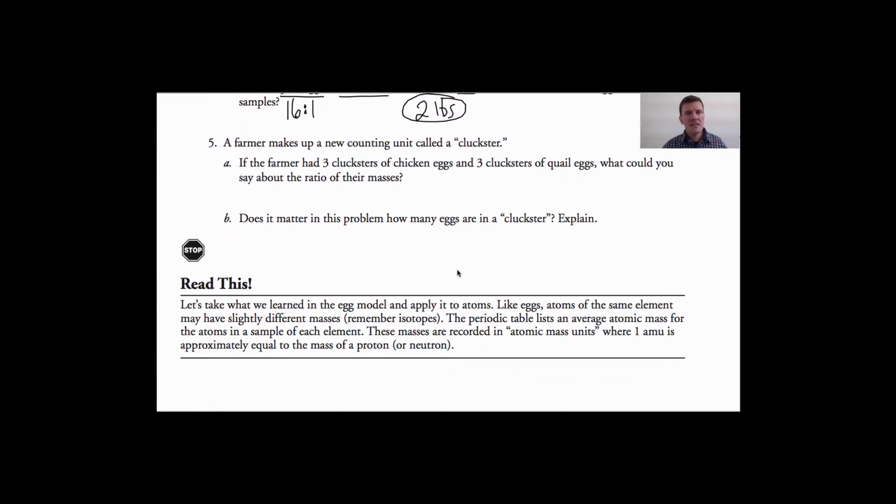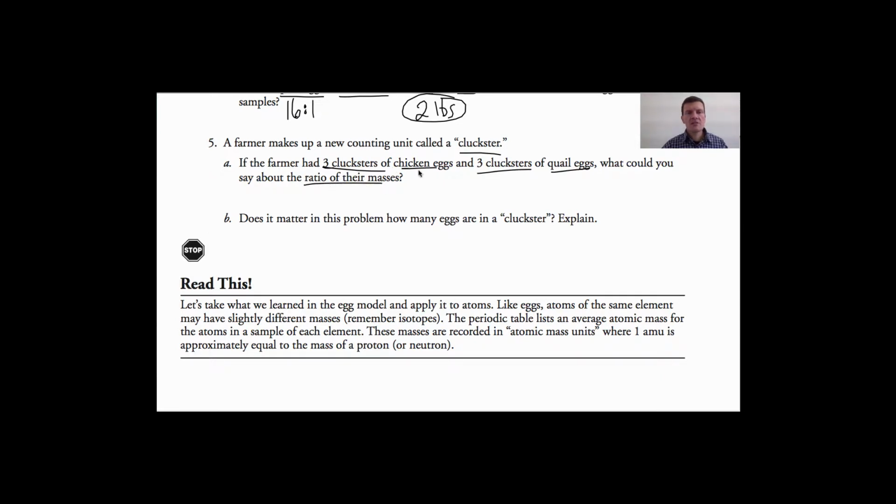All right, it says here, a farmer makes up a new counting unit called a cluster. All right, whatever that is, but we're going to find out. If the farmer had 3 clusters of chicken eggs and 3 clusters of quail eggs, what could you say about the ratio of their masses?